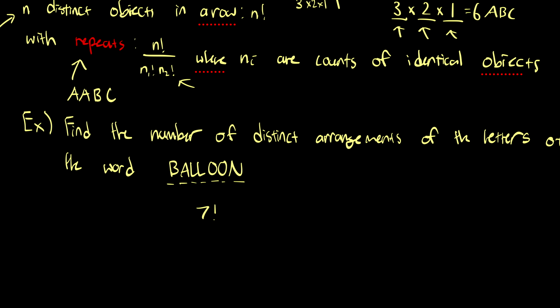So in order to account for that, we have to divide this by the number of L's, there are 2, and it seems like we have 2 O's. So that will be the answer, 7 factorial over 2 factorial times 2 factorial. And this will represent the number of permutations of balloon.